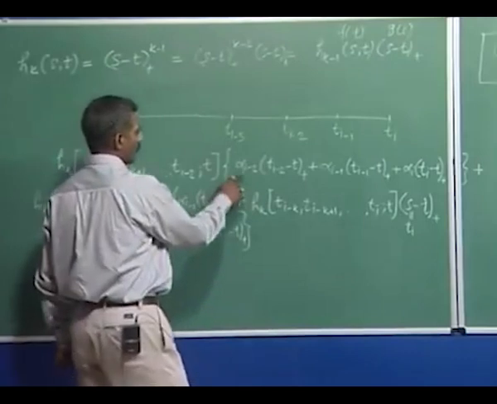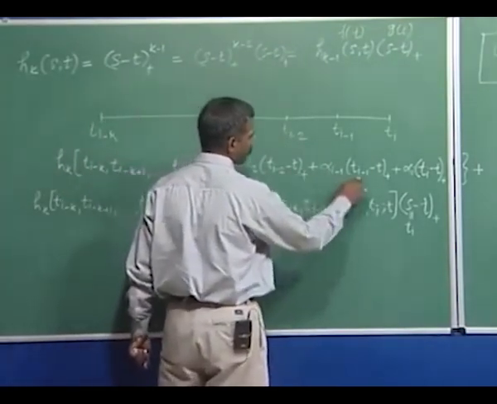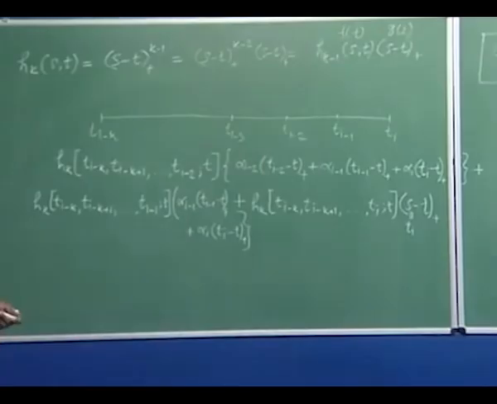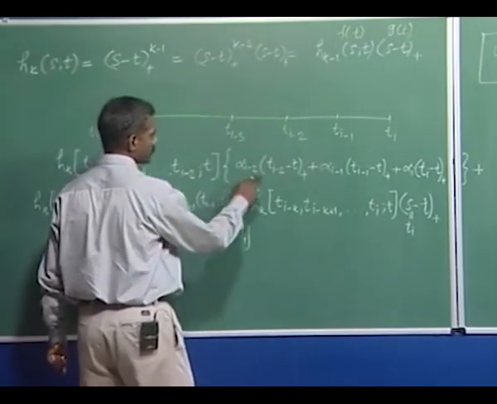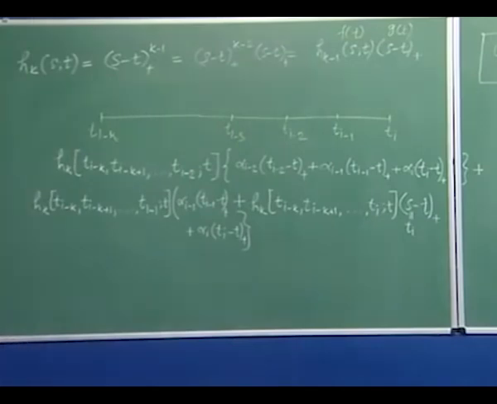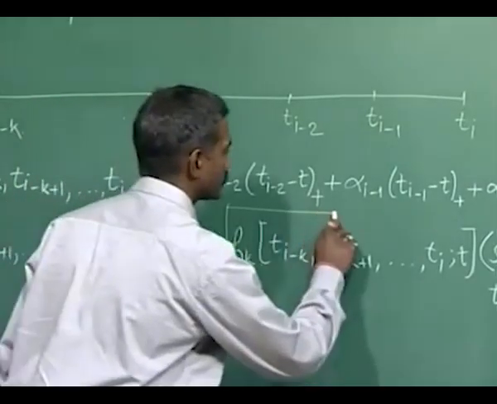You would know what alpha_{i-2}, alpha_{i-1}, alpha_i would be. They would relate to w prime. I'm not really bothered about what these constants are at this time. Let's concentrate on the last term here.